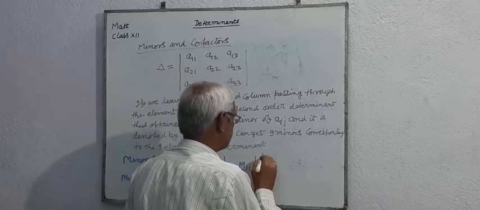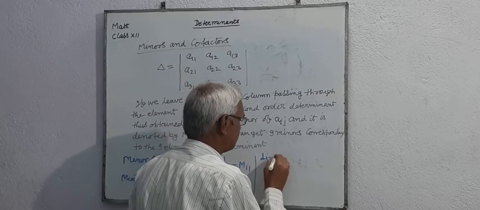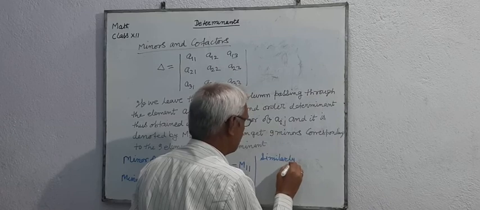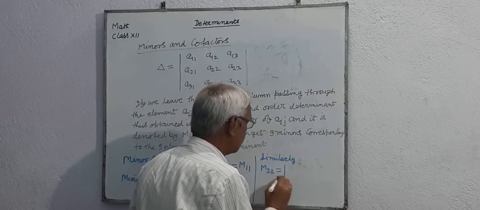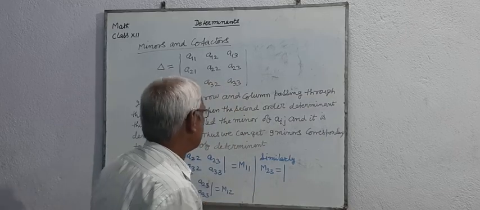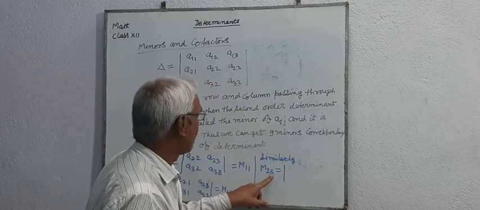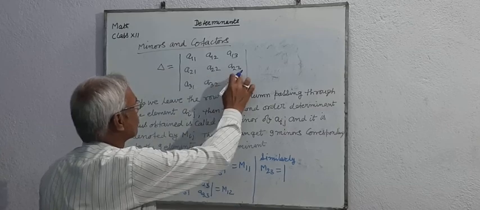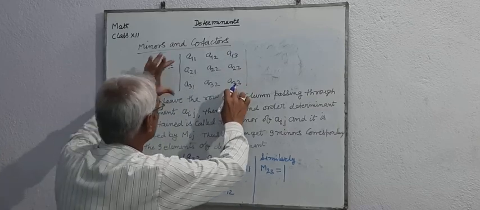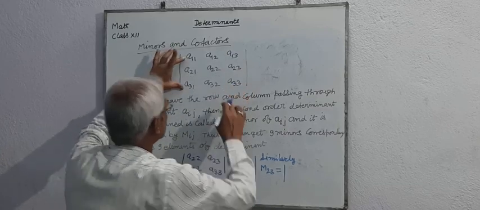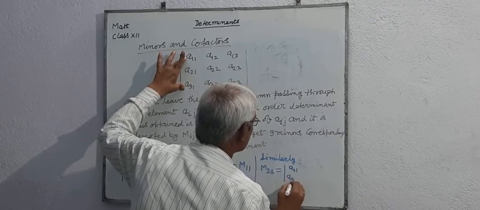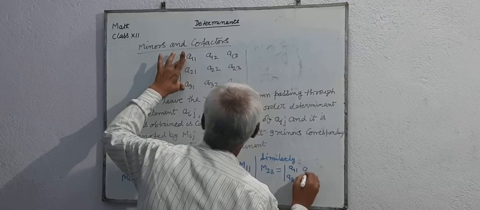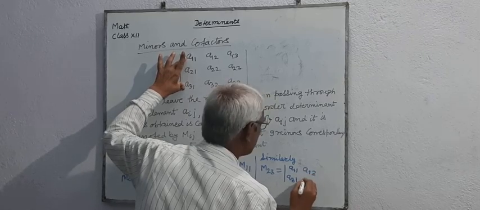Similarly, minor 2,3: eliminate the second row and third column, and we get the second order determinant a11, a31, a12, a32.